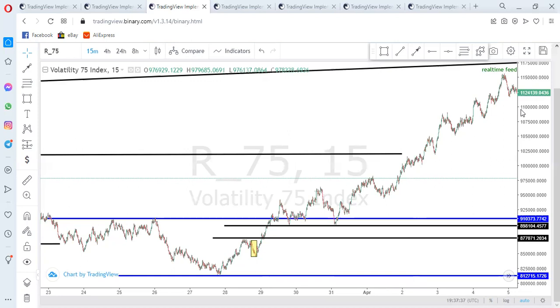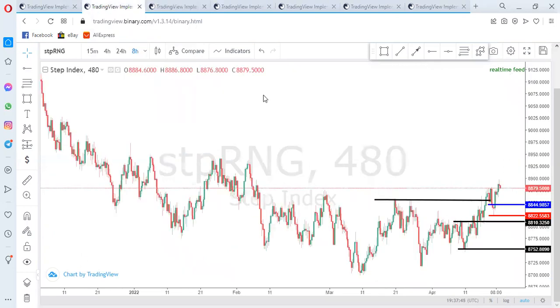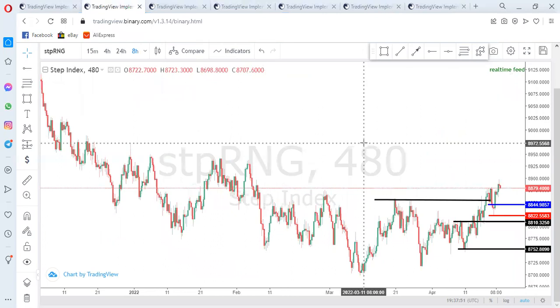So that's what I'm looking at on VIX75. Now, let me take us straight to step index and show you what I'm envisaging on step index. Step index also is gathering momentum to fly to the upside. Why did I say that?